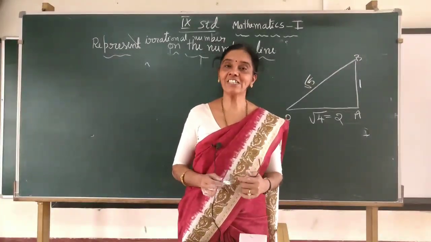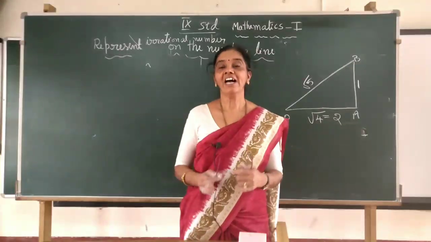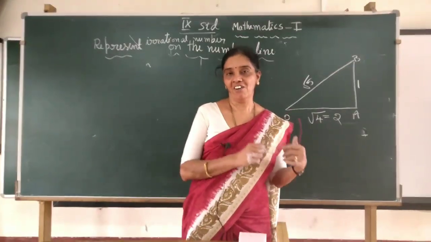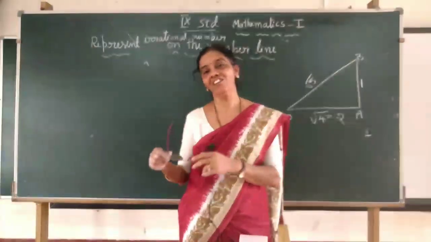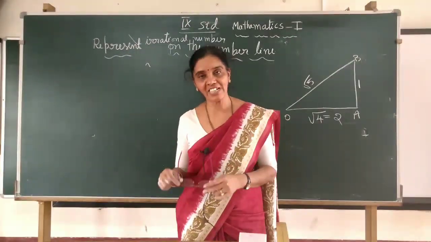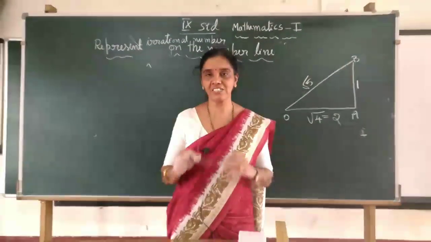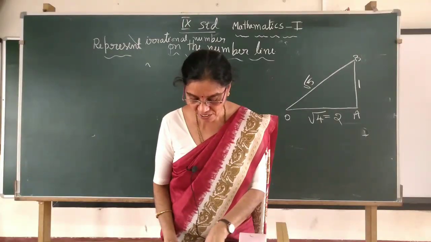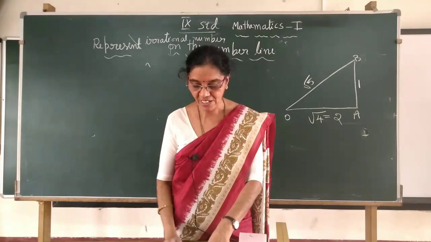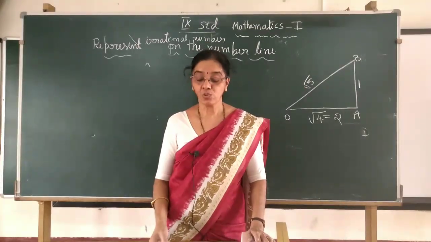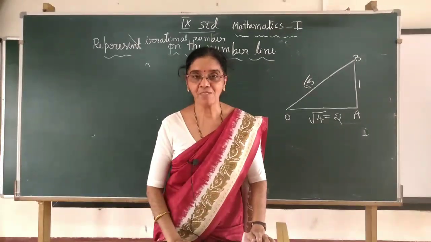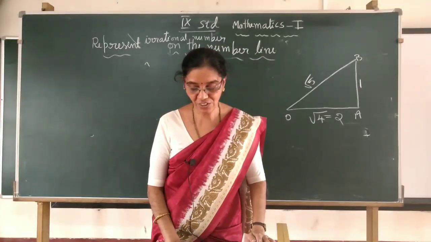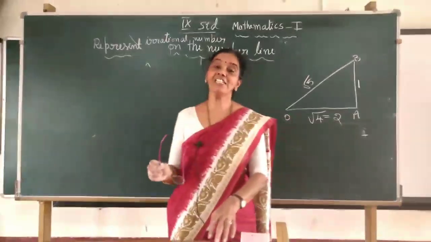Because the set of real numbers has all the rational numbers and all the irrational numbers. So whichever irrational number you take, it belongs to the set of real numbers. Your answer is right. Second one, every point on the number line is in the form of square root m, where m is a natural number. This one right or wrong?